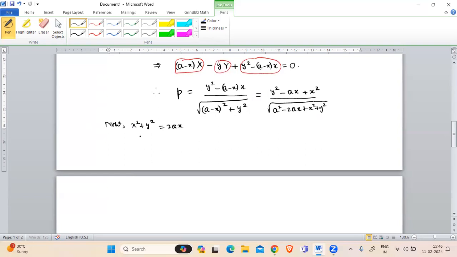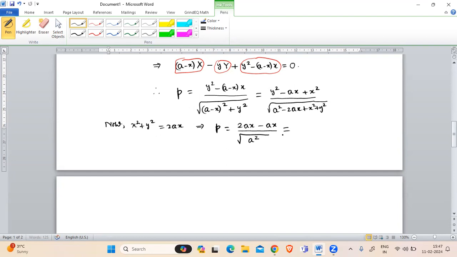Now if x square plus y square is 2ax, then we have p equal to, as you can see here we have an x square plus y square which can be substituted by 2ax, and then this will be minus ax, and this divided by root of, and here x square plus y square is 2ax, which will get cancelled off with minus 2ax, and that will just give us a square in the denominator.